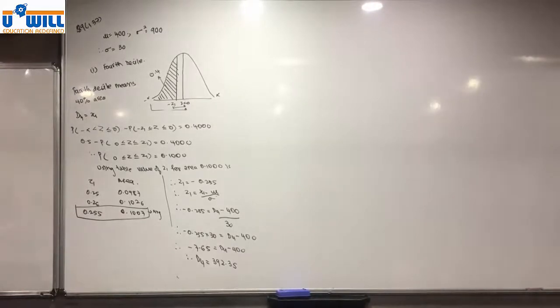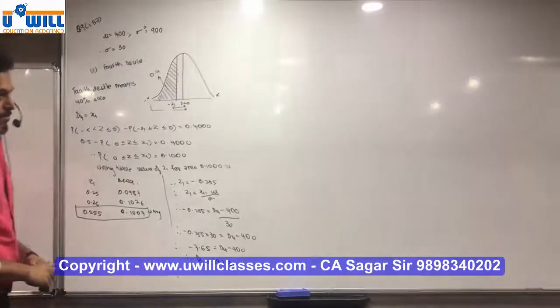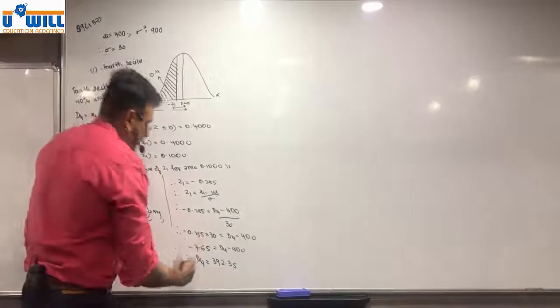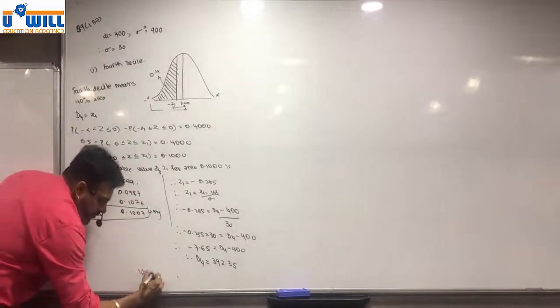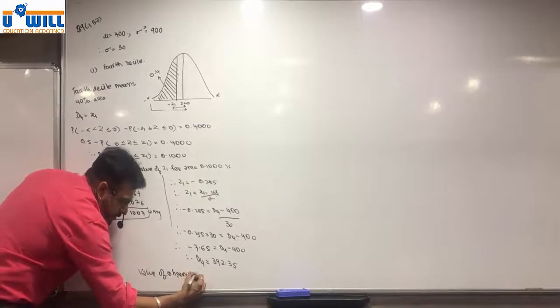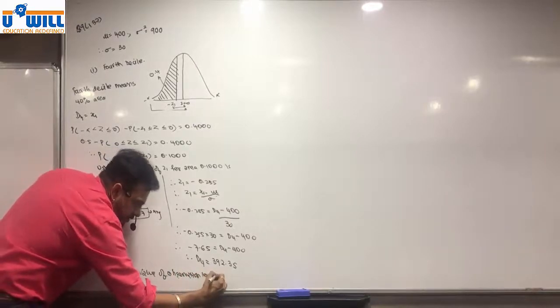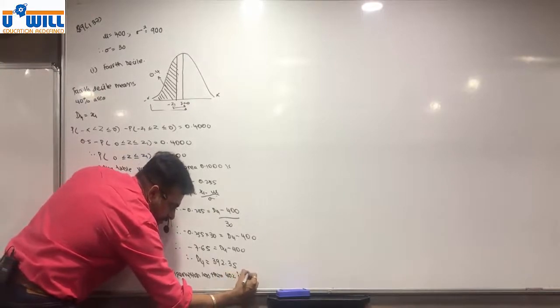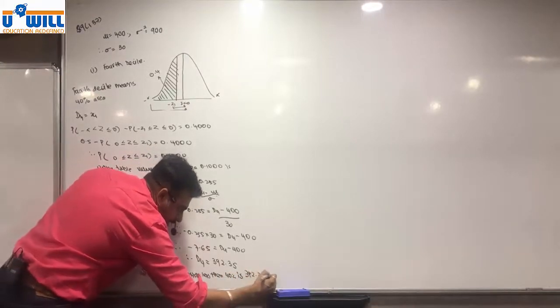So, write: value of observation less than 40% is 392.35.